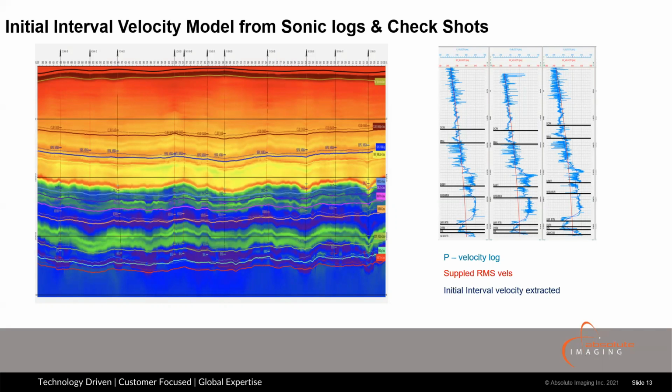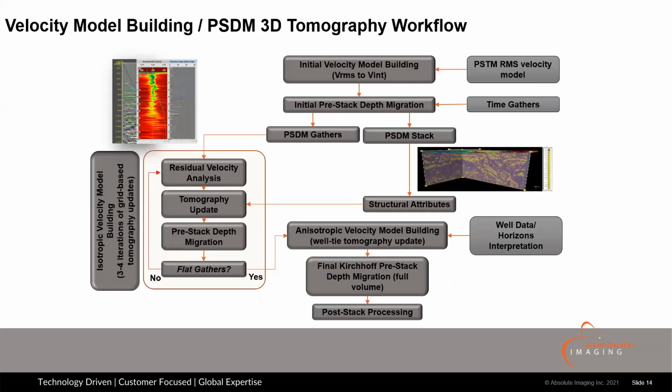The more the better, of course, but the key point is to have them nicely distributed across the survey. Then we can use this with geostatistical gridding. We can use these techniques to develop something that is a direct measurement at each of these locations, so we can develop the volume using that information. Okay, so these are a few methods for how to get to this interval velocity model.